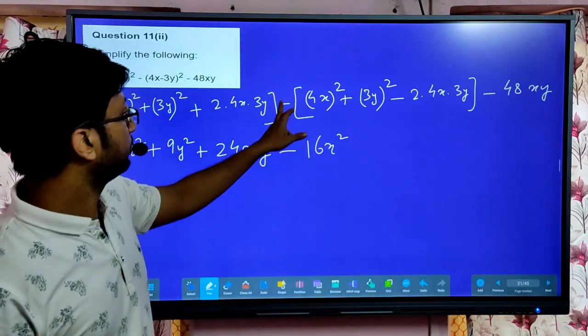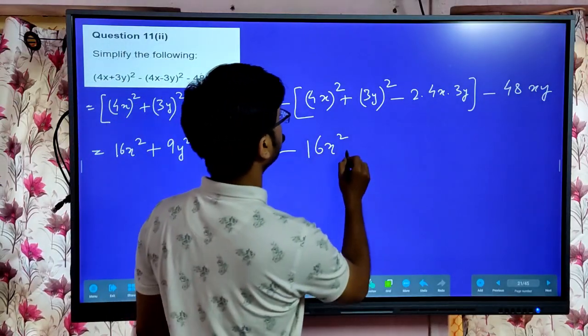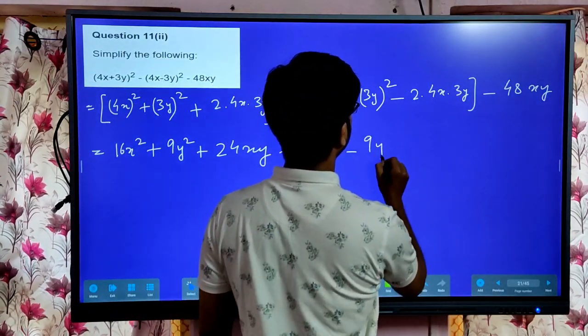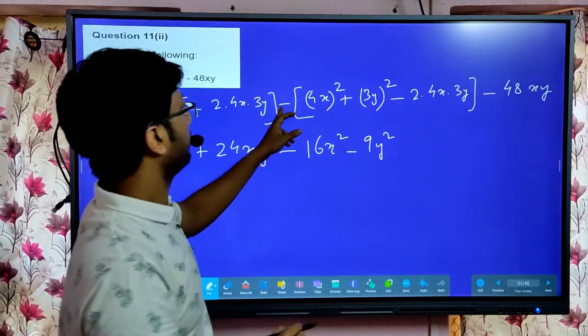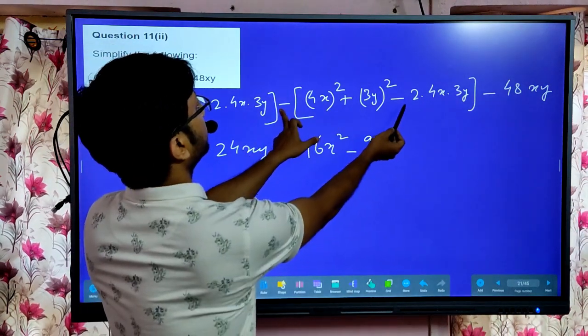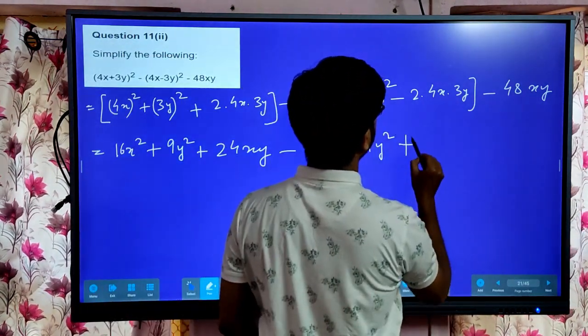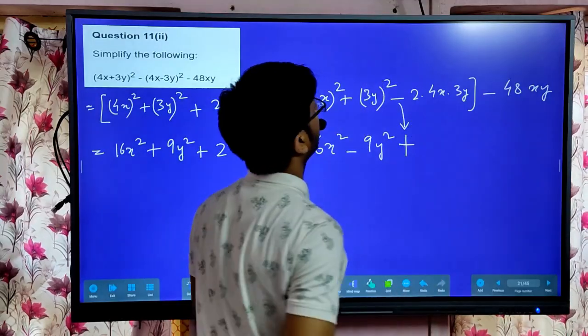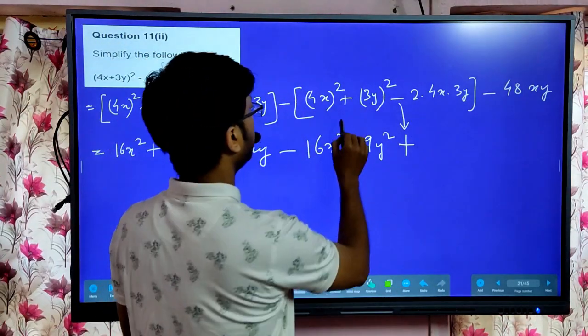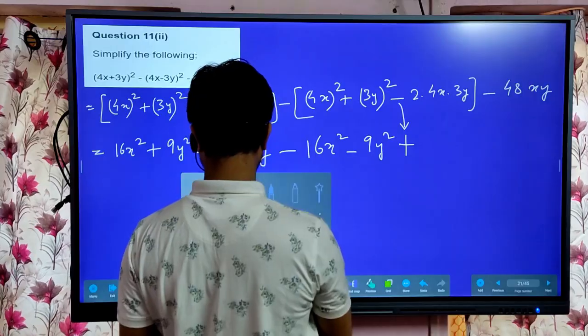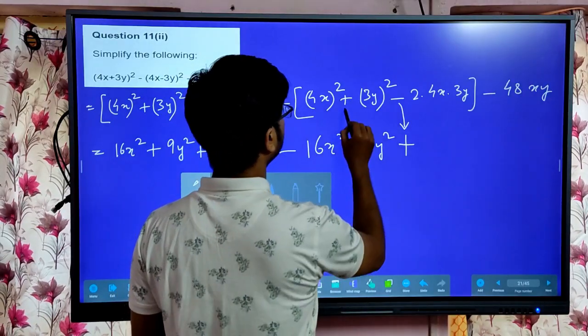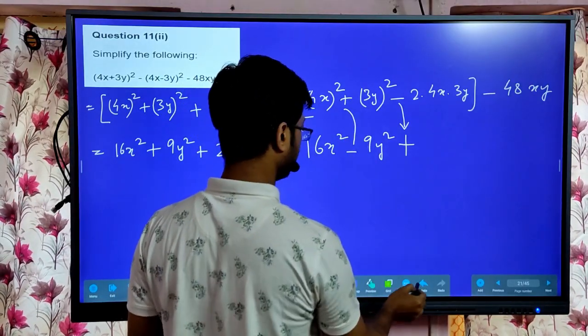Okay, so this minus plus will be minus 9y square. This minus minus will be plus. This minus sign will become plus due to this minus, and this plus sign will become minus. This sign, oh, just a minute.